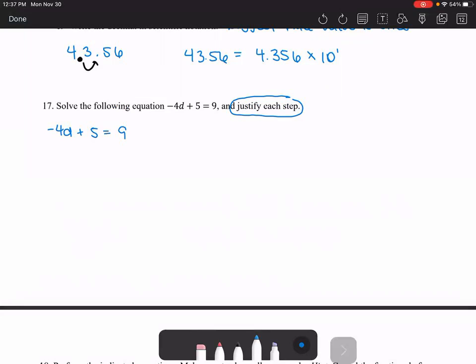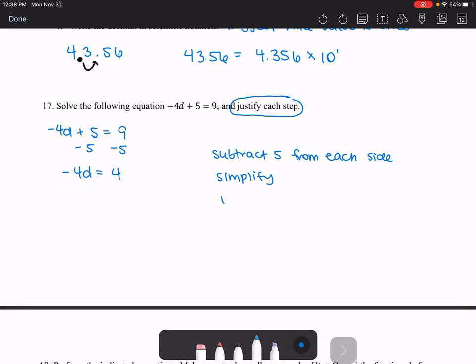So the first step is going to be to subtract 5 from each side. So when we subtract 5 from each side, we get minus 4d equals 4. And then we simplify. It never hurts to throw in a simplify between each operation that you do, because that's what we do. We don't leave it as 9 minus 5. We actually write it as 4.